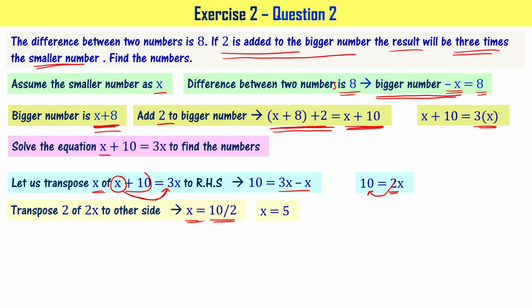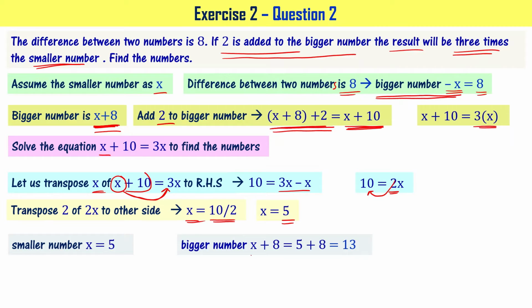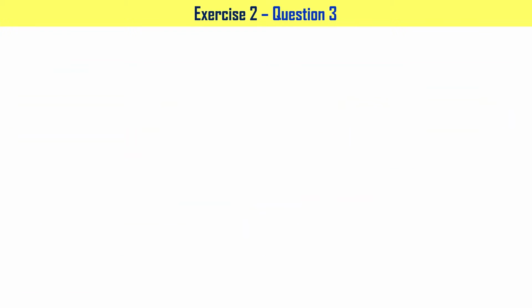Now we know the value of the smaller number, that is 5, right? The bigger number is going to be x plus 8, meaning 5 plus 8, that is equal to 13, right? So to answer the question, the numbers you are looking for are 5 and 13. The difference between them is 8. You see? Got it?